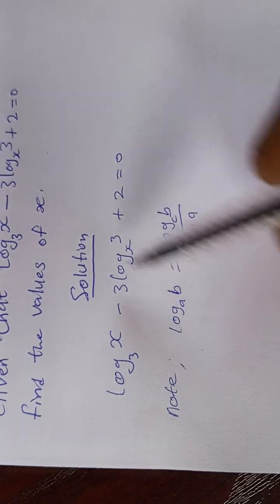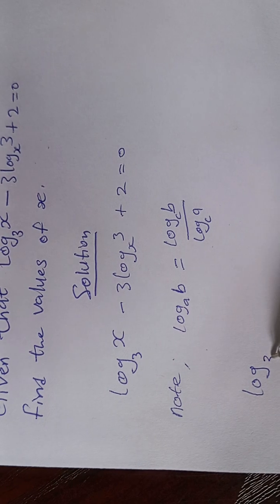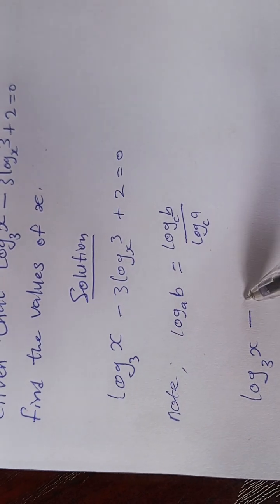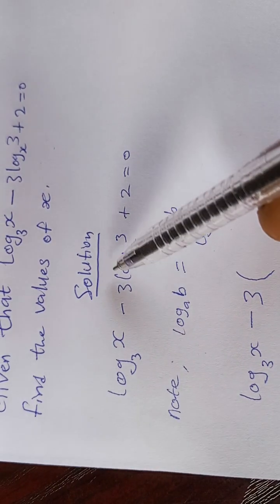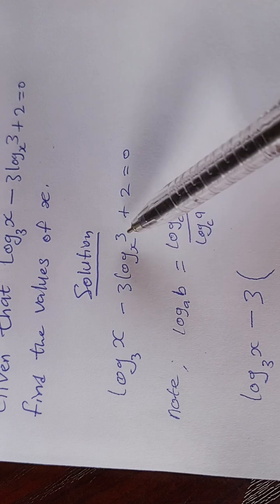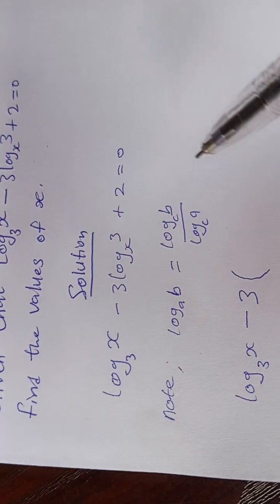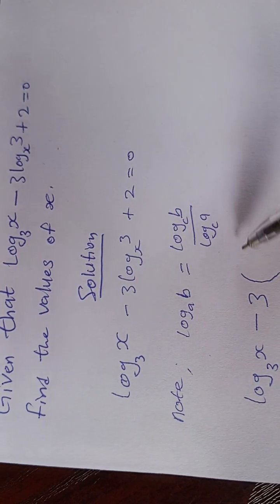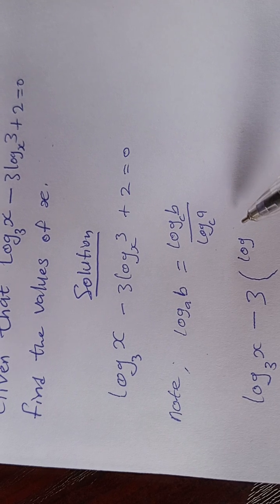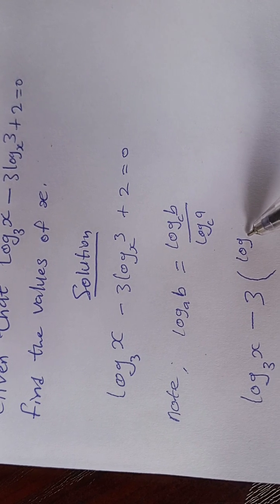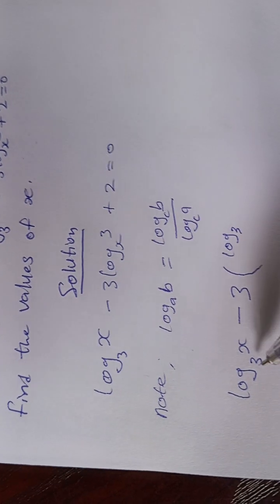So applying this law to this, we'll have log 3 in base x, looking at the 3. Now comparing this to the law, 3 can be seen to be our b, and x will be our a. We're using 3 as the base since this one is 3.